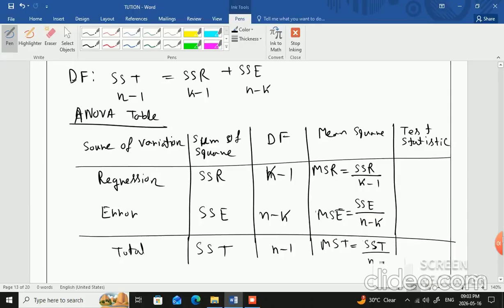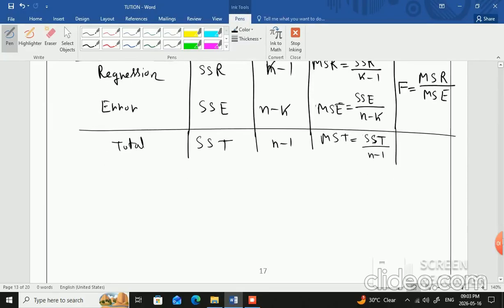The test statistic will be the F test statistic, F distribution, that is mean square regression by mean square error. Mean square regression by mean square error follows F distribution with degrees of freedom k minus 1 and n minus k.